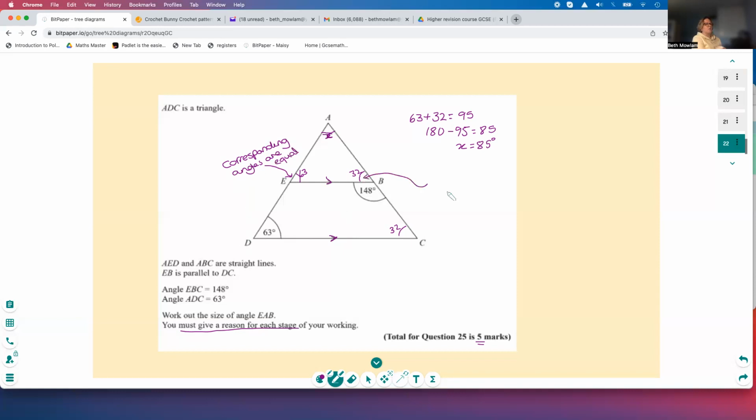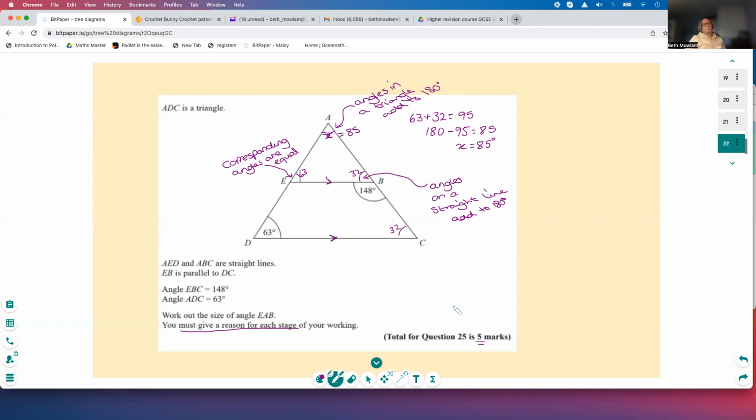I knew that this was 32 because angles on a straight line add to 180. So all you're doing is writing down what rule you used to get that. I knew that X was 85 because angles in a triangle add to 180 degrees.